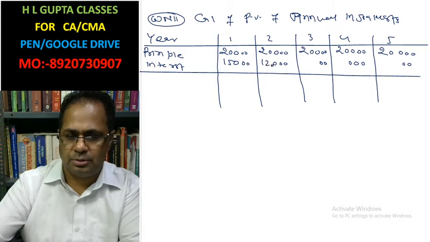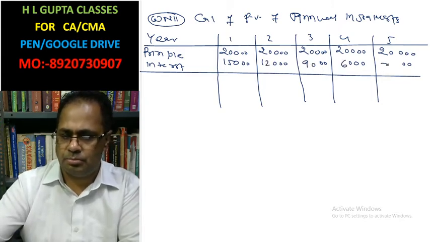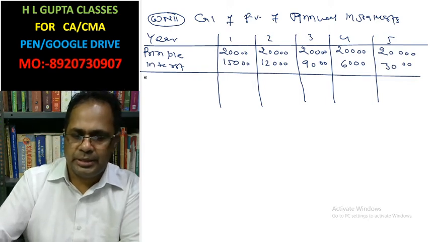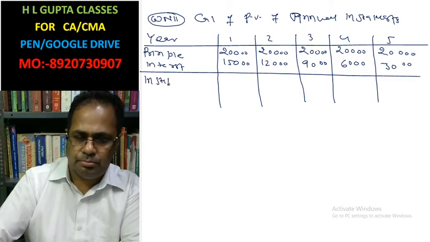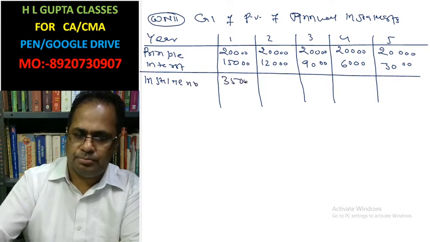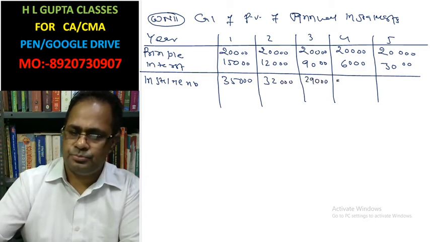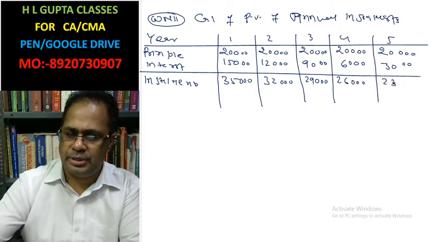This is 12,000, 9,000, 6,000, 3,000. Installment 35,000, 32,000, 29,000, 26,000, 23,000.